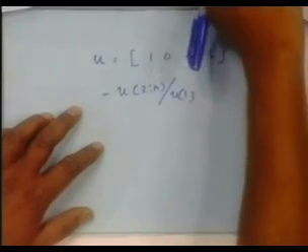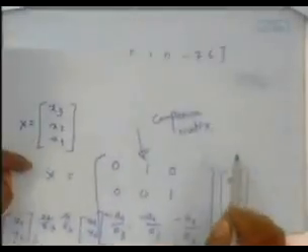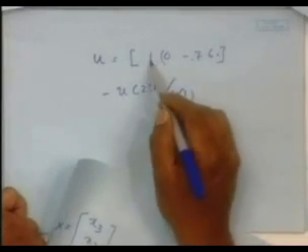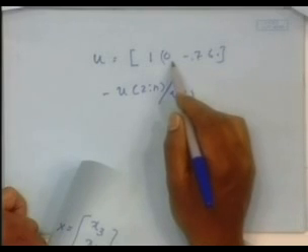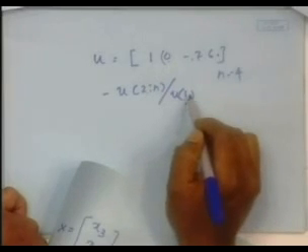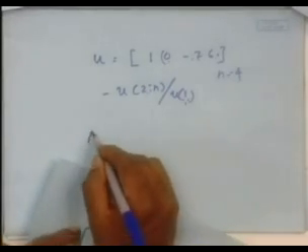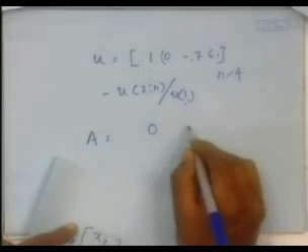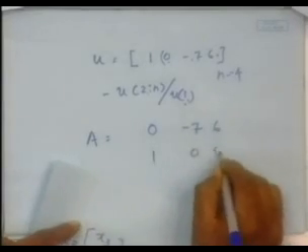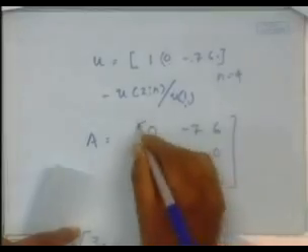This could also be the last row or first row, it doesn't matter. u2 to n means it will take from here to here, then divide by the first, that is 1. It will be 3 by 3 with 3 elements in the first row, because n is equal to 4 here. So the first row of matrix A will be 0 divided by 1, minus 7 divided by 1, 6 divided by 1, and the next rows will be 1, 0, 0, 0, 1, 0. It is like reversing this.